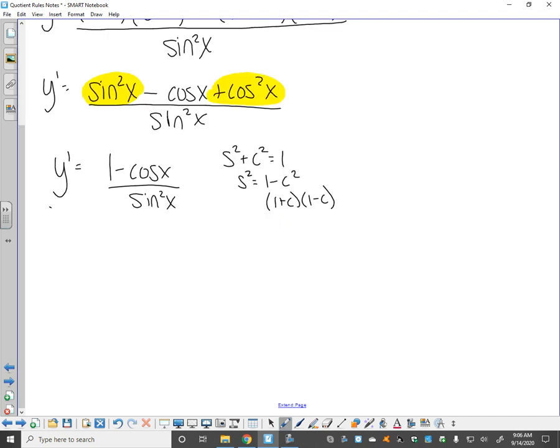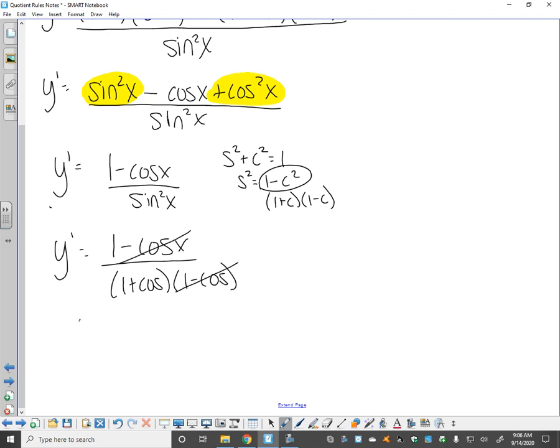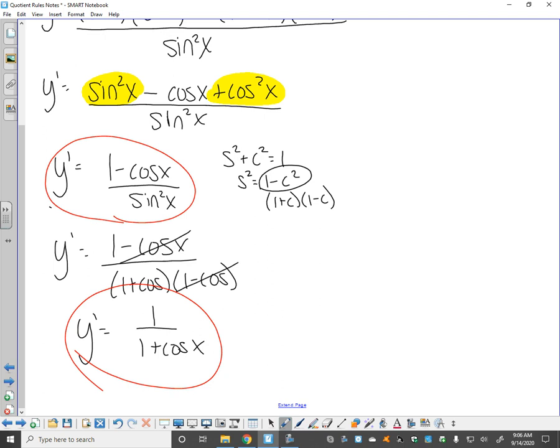Oh, looky here. I'm going to replace sine squared with 1 minus cosine squared, but I'm going to factor it because one of those factors is going to cancel with the top. Heck yeah. So my answer could be, they could have that or they could have that. It's their choice how far they want to take it.